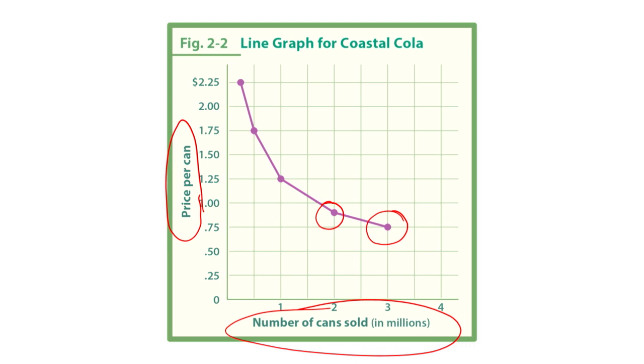If we connect the dots literally, then we can see that if Coastal Cola charges 80 cents, then we know that they will sell 2.5 million cans. Both the tabular model and the line graph are basic economic models, yet they're very important in predicting economic decisions in both microeconomics and macroeconomics.